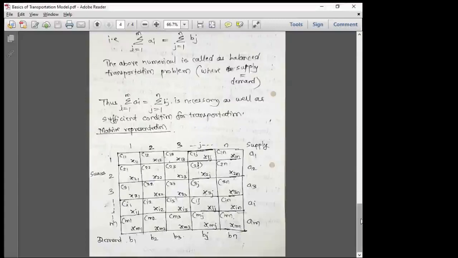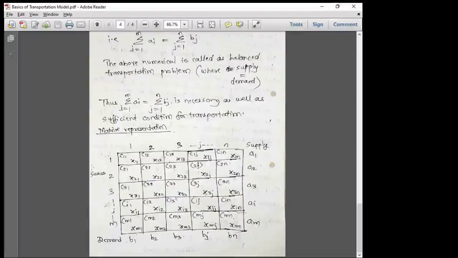So how can this be represented in graphical format with the help of a matrix? This is the matrix representation. On the extreme left, all the sources are represented. Here you can see source number 1, 2, 3, and so on, and the last source is m, right?